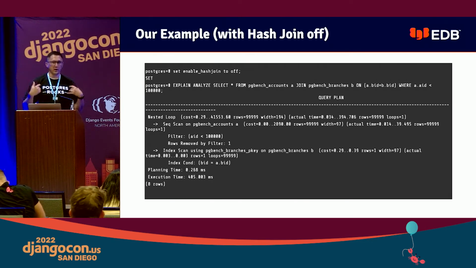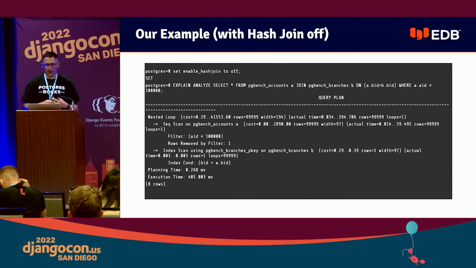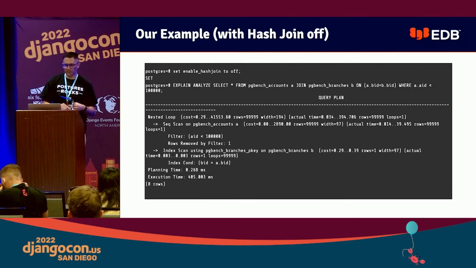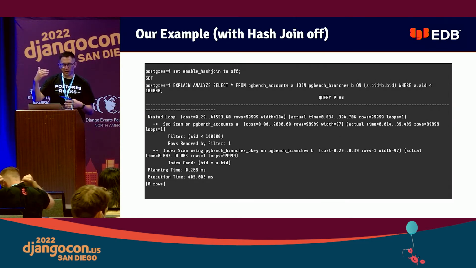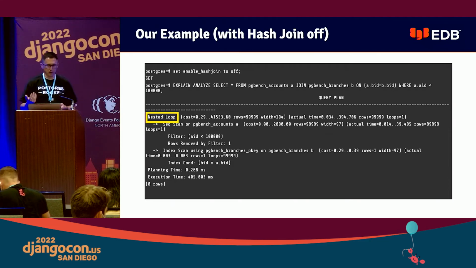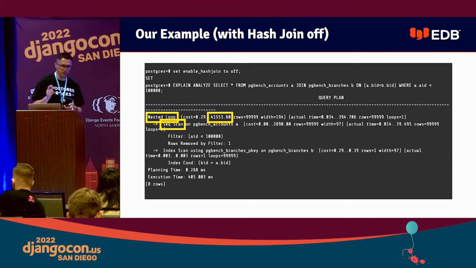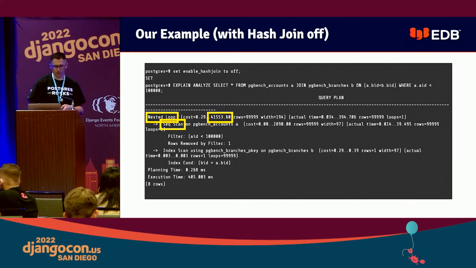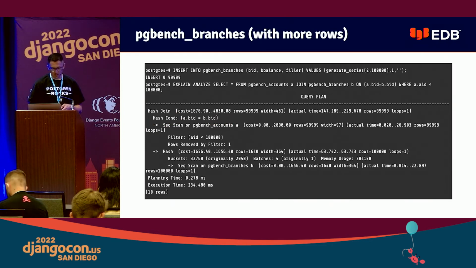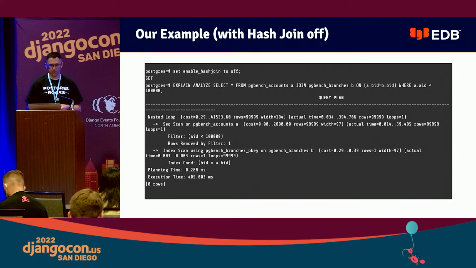I'm just affecting my own session. Okay, so when you do that, you run the explain analyze, and you get, this time, a nested loop. And the reason why it chose the nested loop, it didn't choose nested loop because it's expensive, right? So if you look here, it says 41,000 costs versus what we had earlier, which was 4,000. So it's a 10x improvement by doing the hash join.